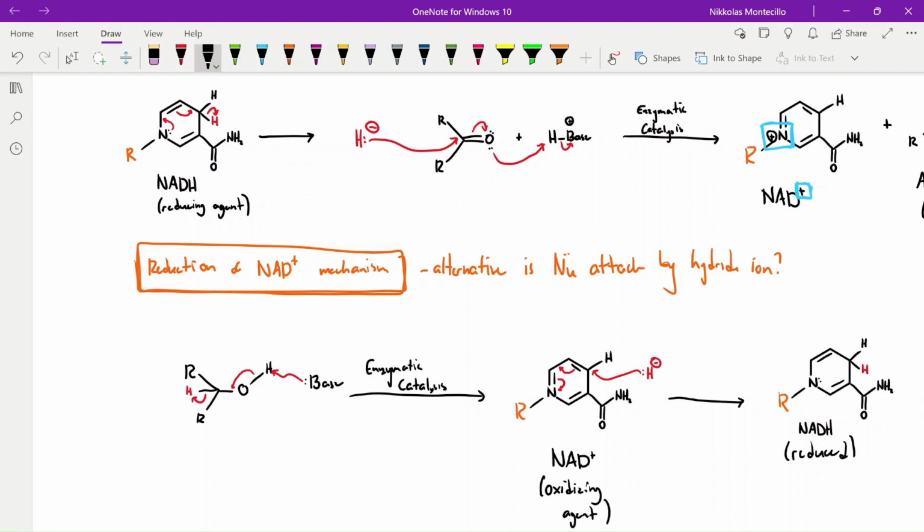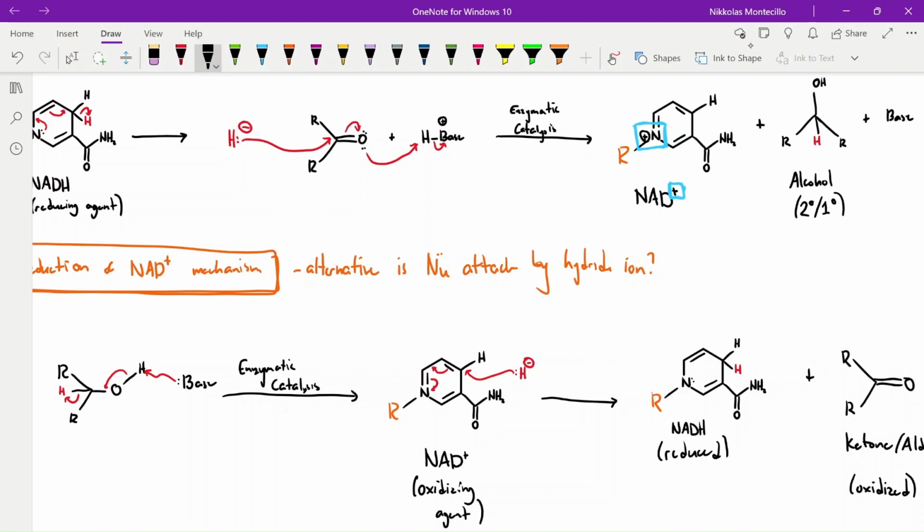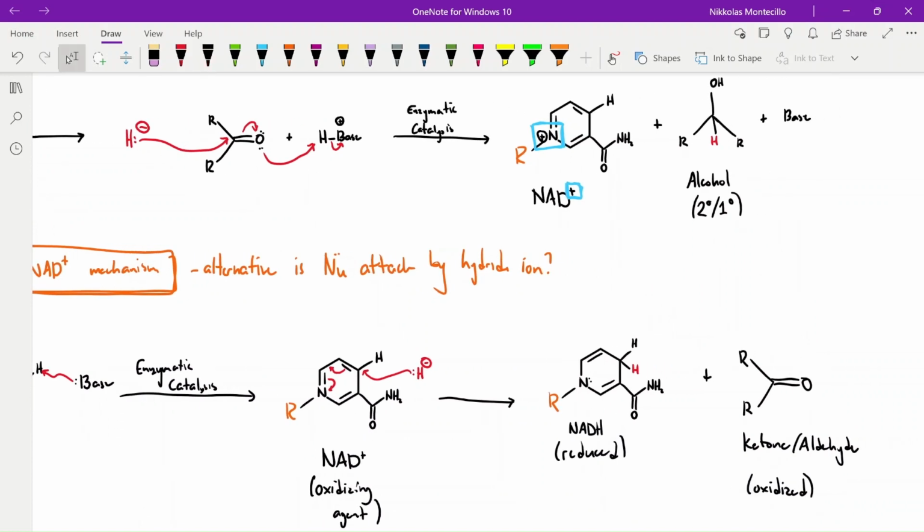This allows an arrow pushing mechanism that lets the hydride ion reform, and that hydride ion will again serve as a nucleophile and attack the carbon atom that's para, or opposite, from this nitrogen atom, which causes another arrow pushing mechanism to reform the positive base.